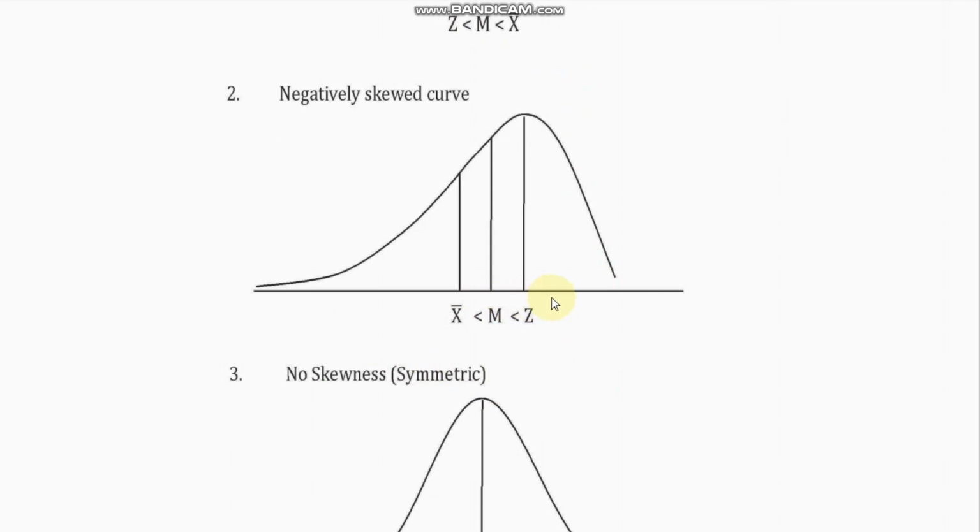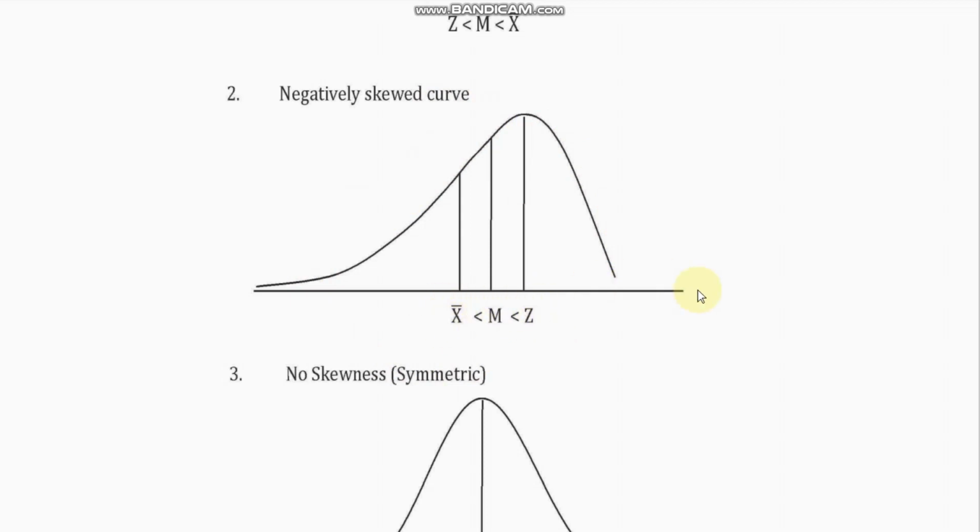Next, the second curve, negatively skewed curve. Here for this distribution, mean will be the least value, median will be greater than mean, and mode will be the highest value among all the three. For a negatively skewed distribution, your curve shape will be like this, which indicates that mode is the highest for the given data and mean is the lowest.